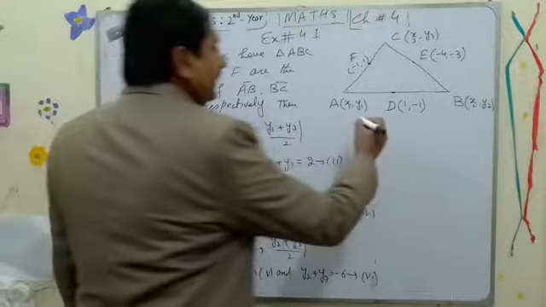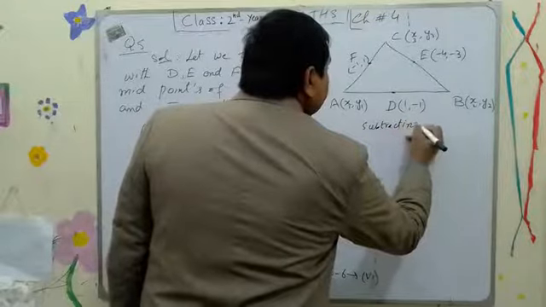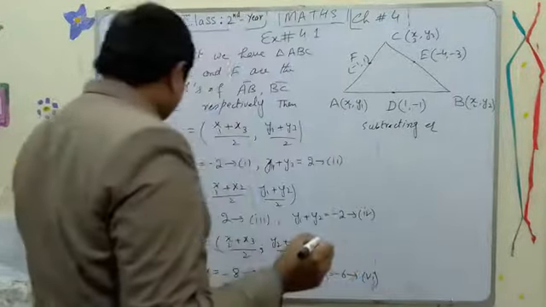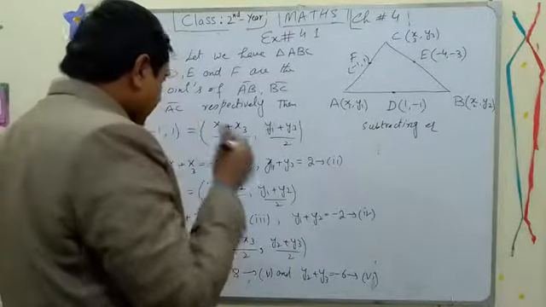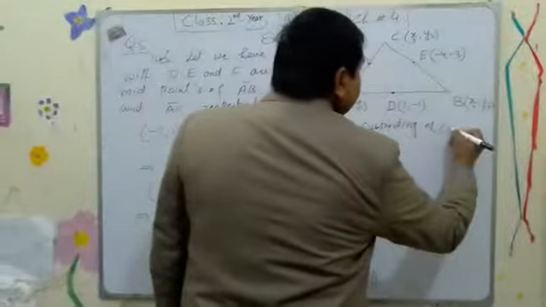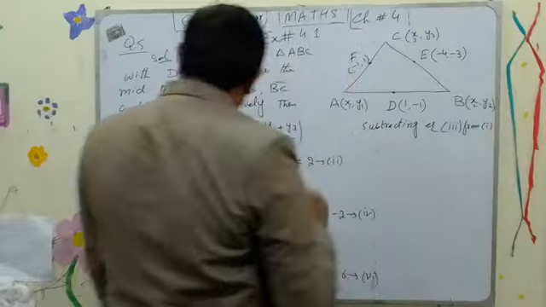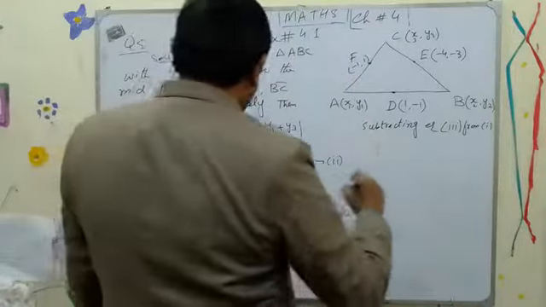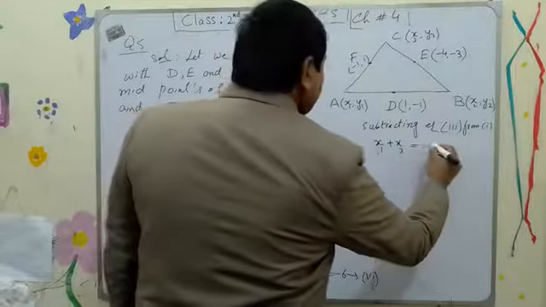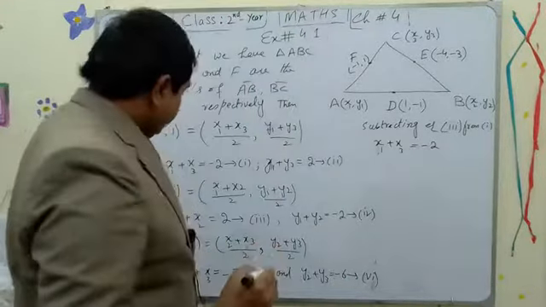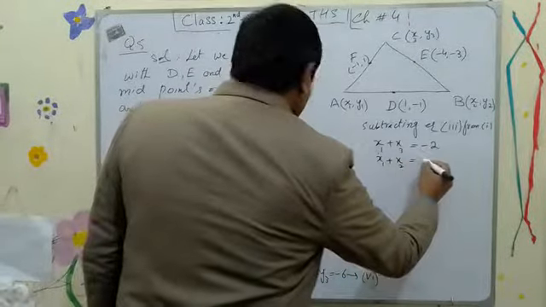So I am going to write: subtracting equation third from equation first. So x1 plus x3 is equal to minus 2, and equation third says that x1 plus x2 is equal to 2.